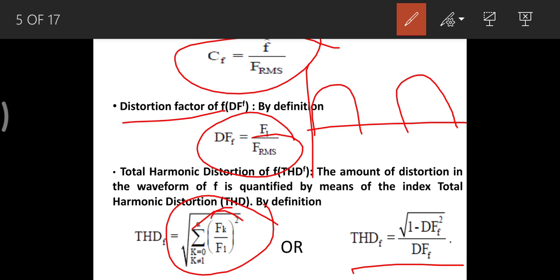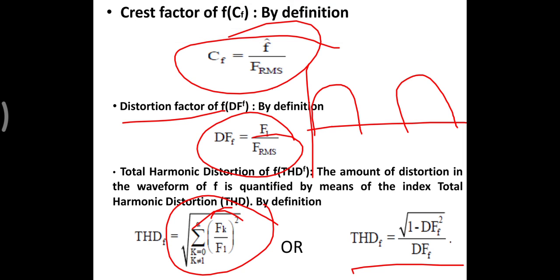F1 is nothing but the fundamental harmonic. There are different types of harmonics: fundamental harmonic, third harmonic, even harmonic, or odd harmonic. So Fk is the kth harmonic. This is about total harmonic distortion.